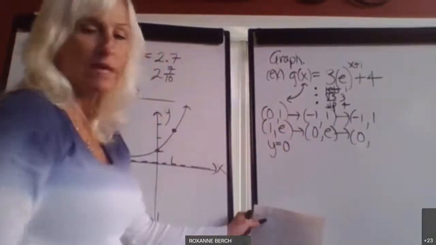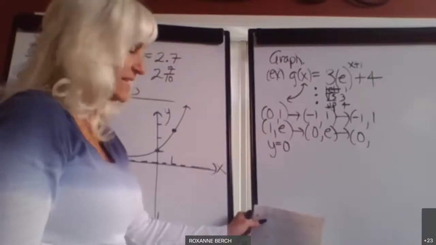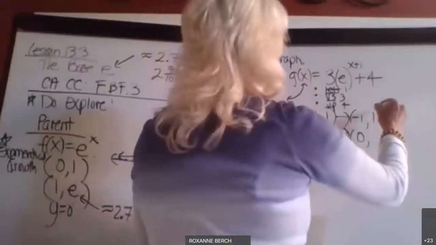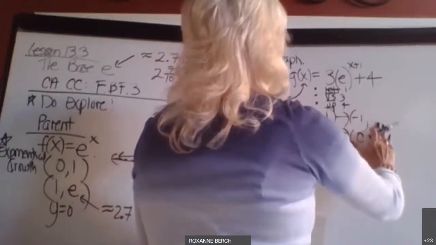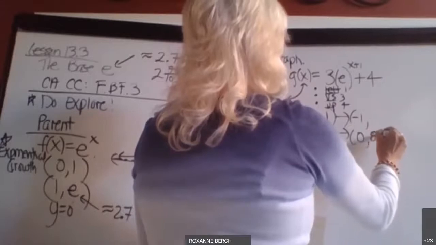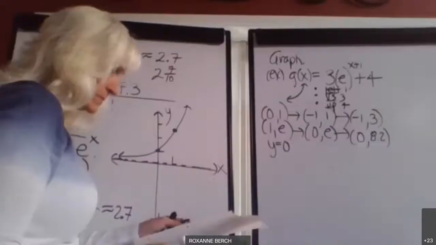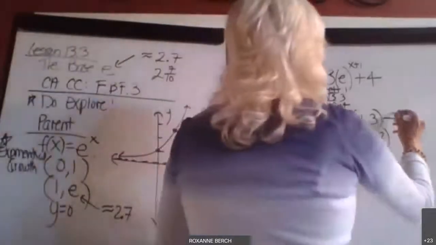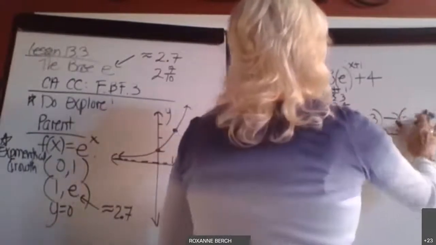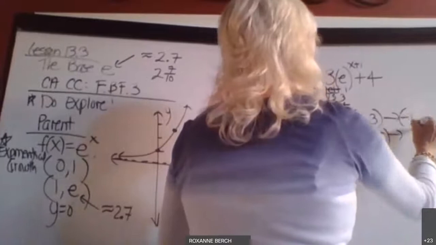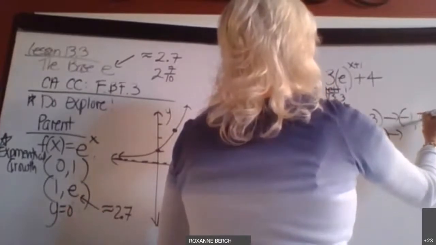What's E times 3? 8.2. And finally, up 4 would be 12.2.